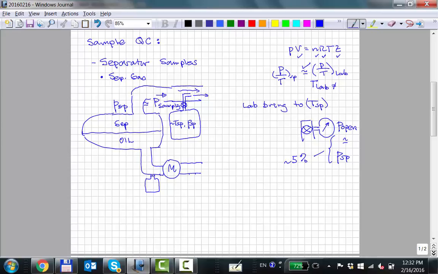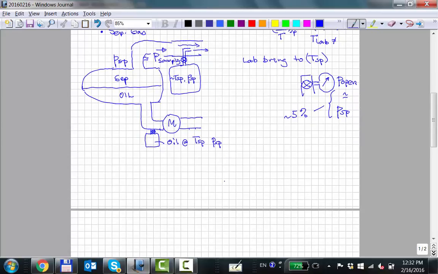So we've got this thing again. We've got a valve on here that will close, and we've got this thing full of oil. Again, it's probably at separator pressure and separator temperature. So when the lab gets this container, the QC on the separator oil: what do we know about this oil here?